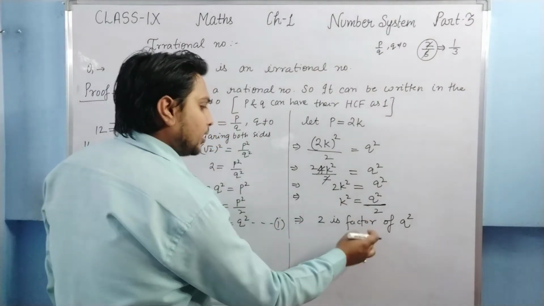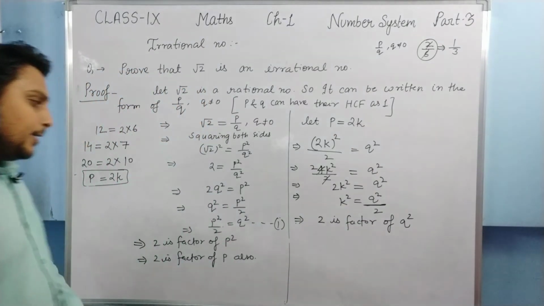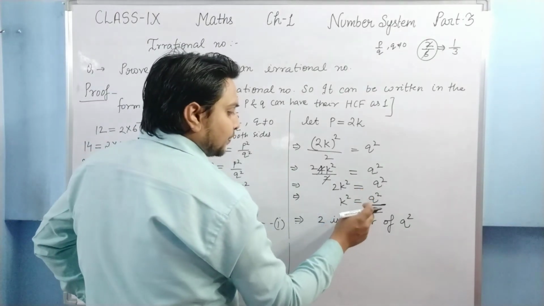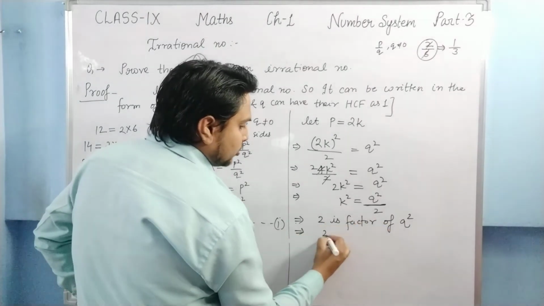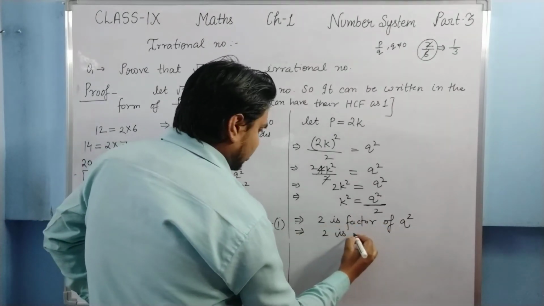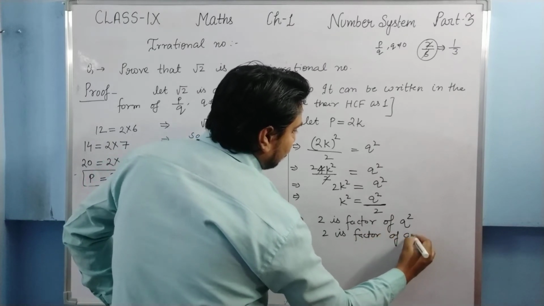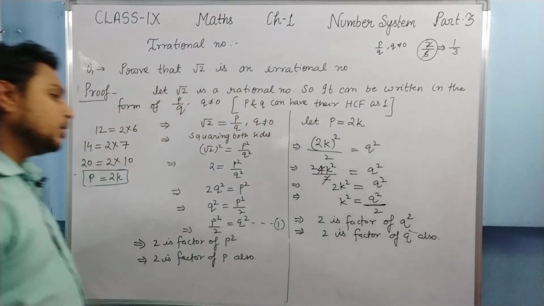By this step we can get a conclusion that 2 is the factor of Q square, and if 2 is the factor of Q square, it means that 2 is a factor of Q also, okay.